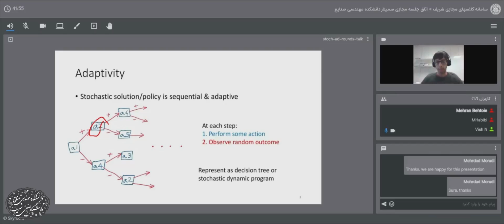And another way to represent these solutions is by means of a stochastic dynamic program. But no matter how you represent these solutions, they typically require space that is exponential in the number of input parameters. So it's not the ideal way to solve these kinds of problems because they don't scale very well with the size of the instance.